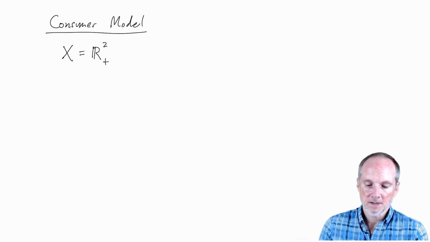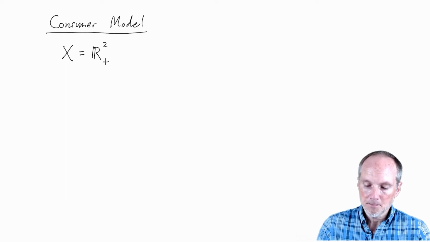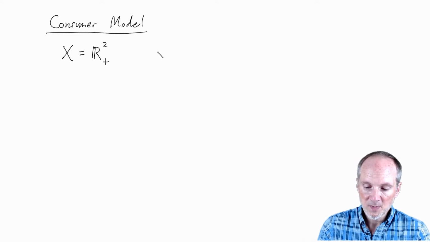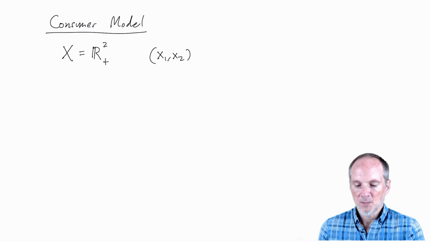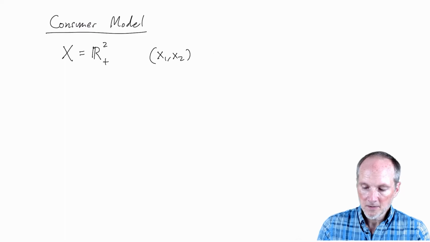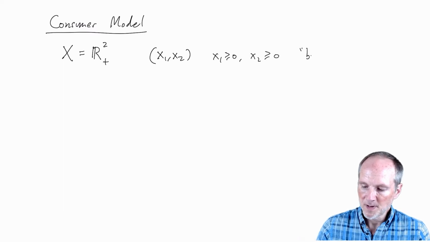And because the consumer can choose a pair, we're going to talk about R squared. So a particular combination of goods, of quantities, would be, say, an (x1, x2) pair. Again, here, x1 is non-negative, x2 is non-negative. And we will call this a bundle of goods.